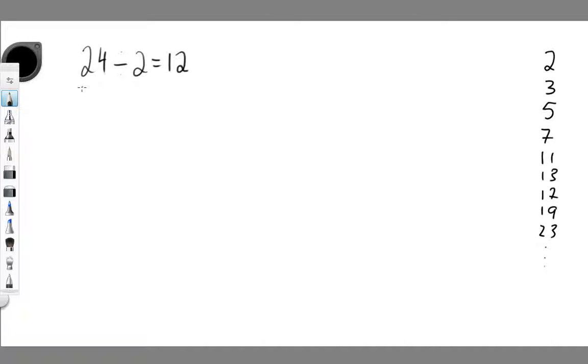So I'm going to take 12 now, and I'm going to divide it by, well, what's the lowest prime number that divides 12? It's 2 still, and I end up with 6. The lowest prime number that divides 6: 6 again is divisible by 2. That gets me 3.